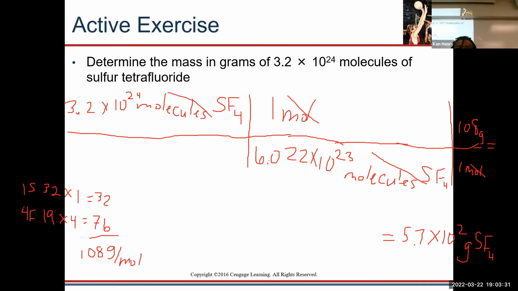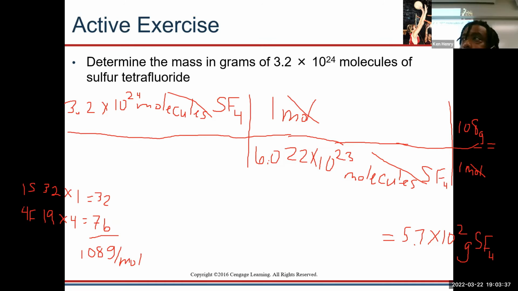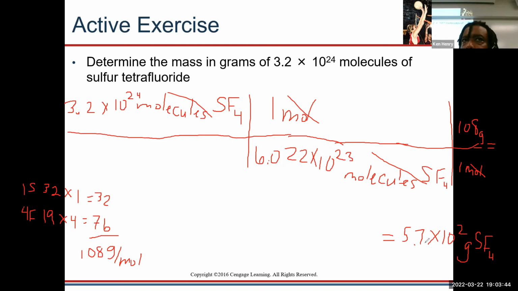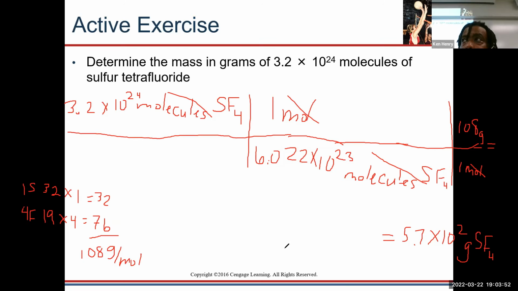Why is it 10 to the second power? It's 10 to the second because the answer is actually 573. So 10 to the second would be the 100th spot. Because if it's 10 to the first power, it'd just be the 10th spot. Because there's only 2 sig figs, I want to make sure that I'm clear there are 2 sig figs.